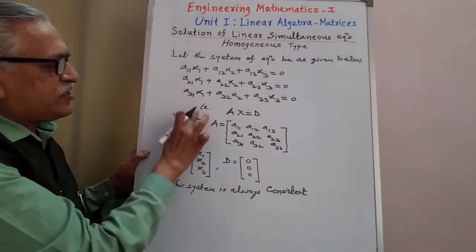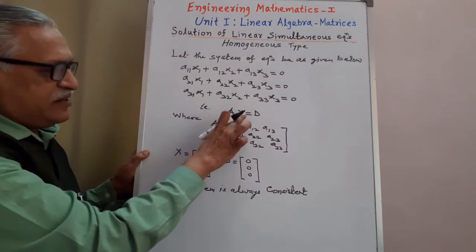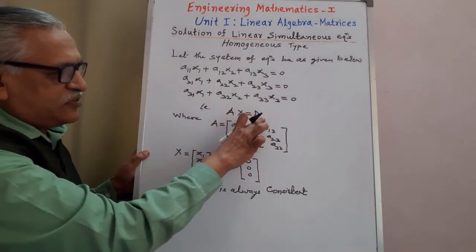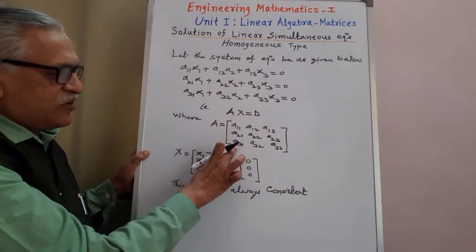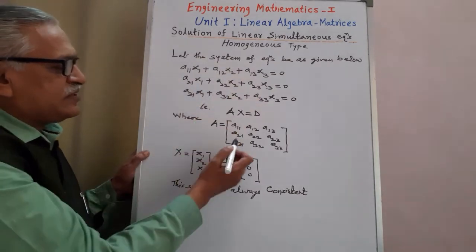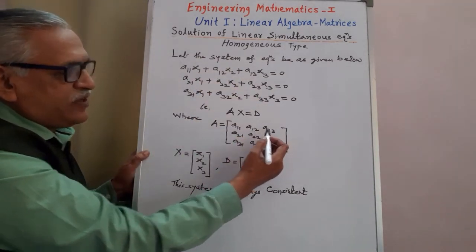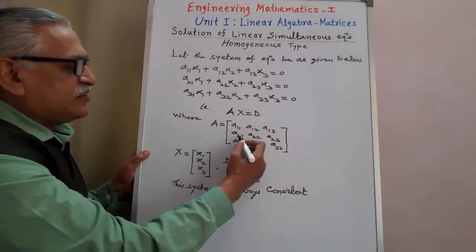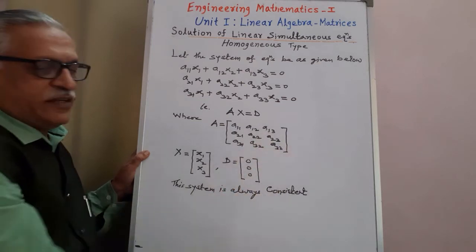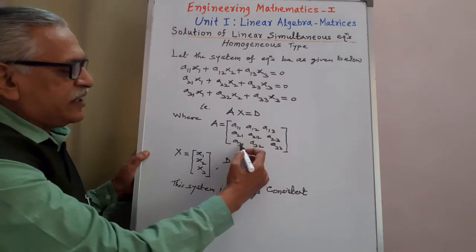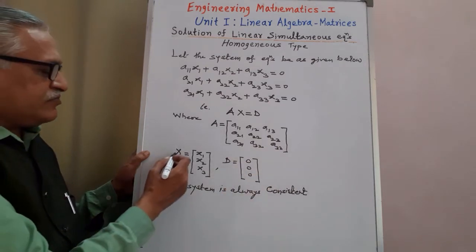This system of equations I can write in matrix form as matrix A into matrix X is equal to matrix D. Matrix A is the matrix of coefficients of the variables. For this system, it is a11, a12, a13 in the first row, a21, a22, a23 in the second row, and a31, a32, a33 in the third row.